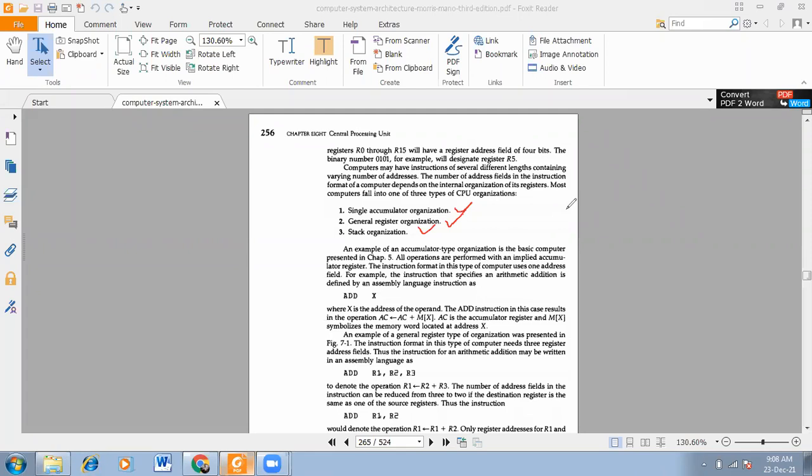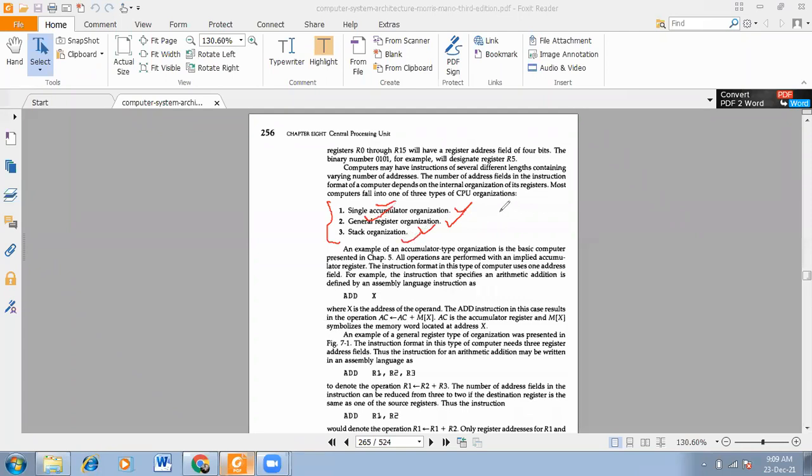And the stack organization. In memory locations, some portion in the last part we are having for stack organization. So these three CPU organizations are most important. तो CPU में क्या क्या होता है? Accumulator, general purpose register, and stack organization.